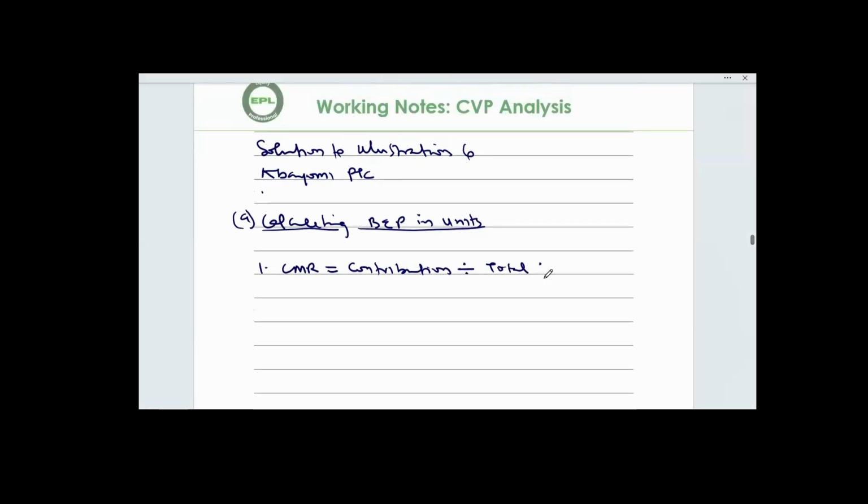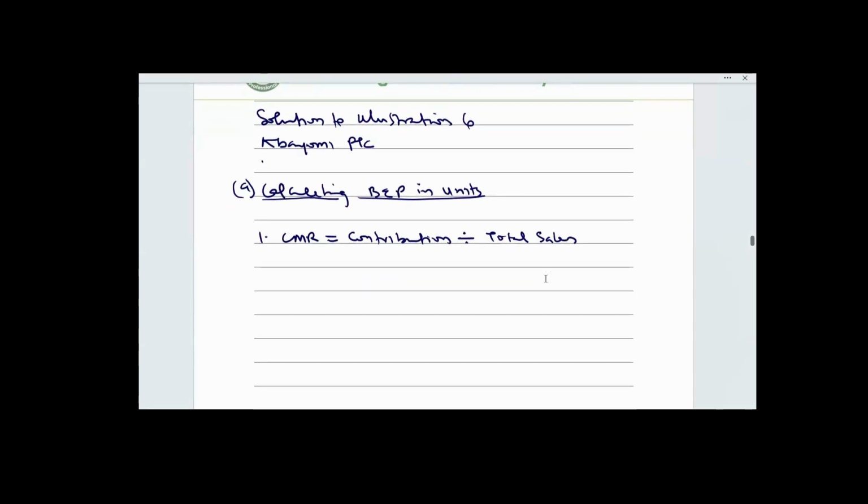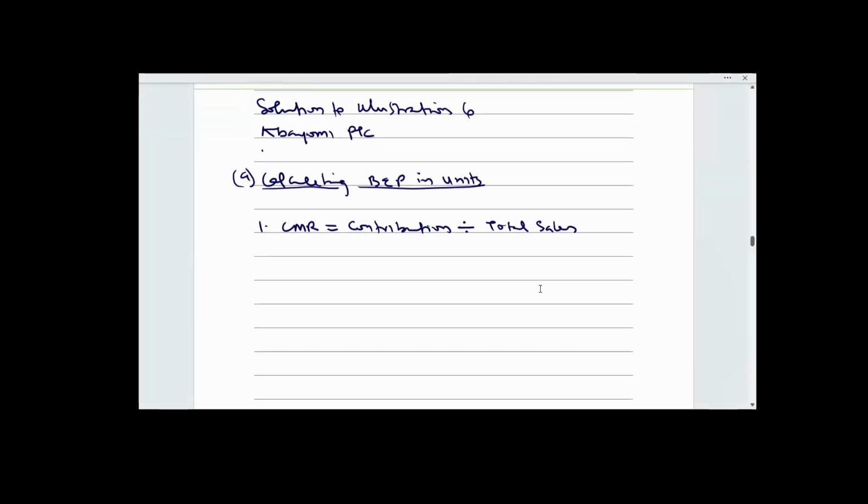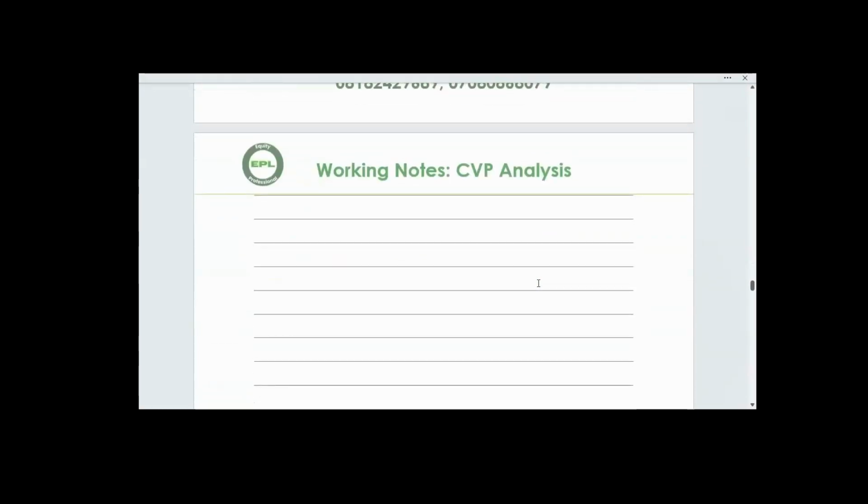Are we given sales or revenue in the question? You are given sales. Now, let's go back to the question. We want to determine contribution, which is not given in the question. Therefore, we need to work it out. So let's work out our contribution. This page, the second page, let's say the third page, will be for our workings. So let's start our workings from here.